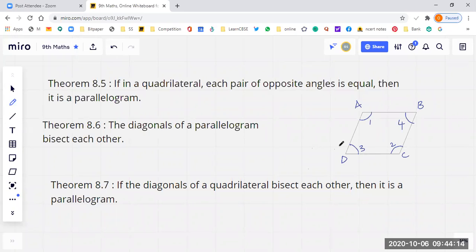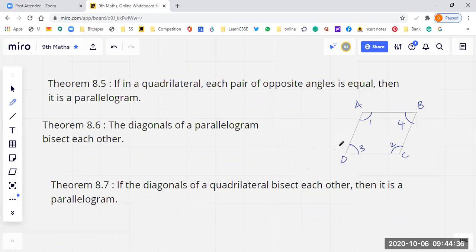Can any student tell me how you can prove it? Again, students, you can draw a diagonal and prove two triangles are congruent, and then you can prove this is a parallelogram.